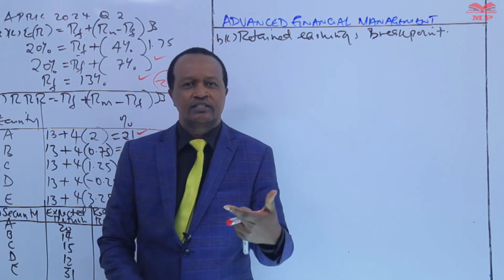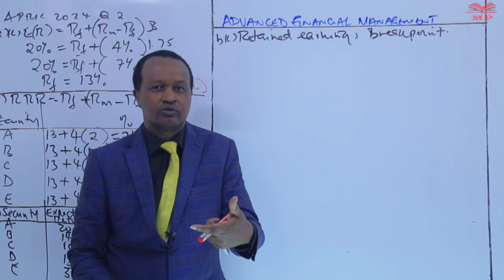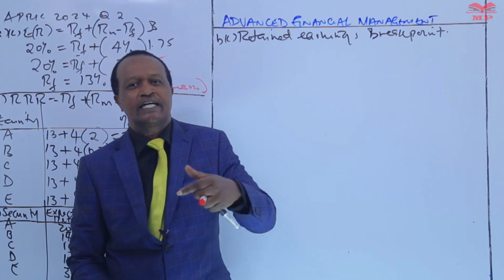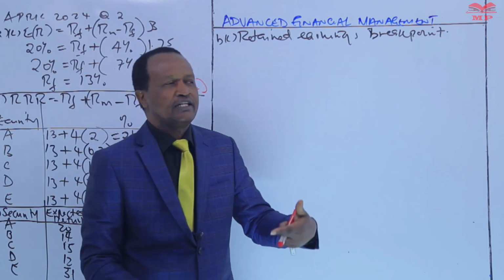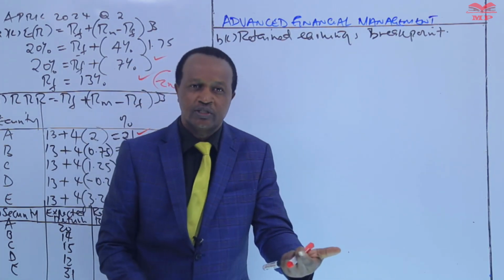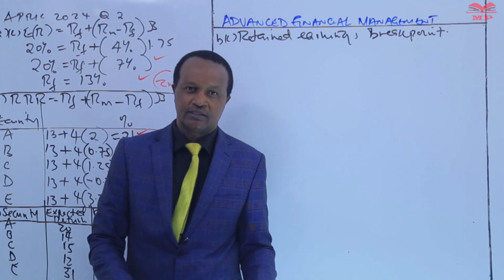Another reason is that issuing new stock often comes with additional costs like underwriting fees and flotation costs, which can dilute the value of existing shares.